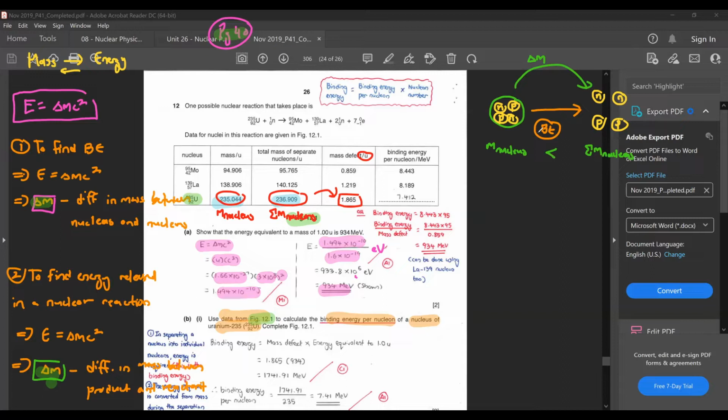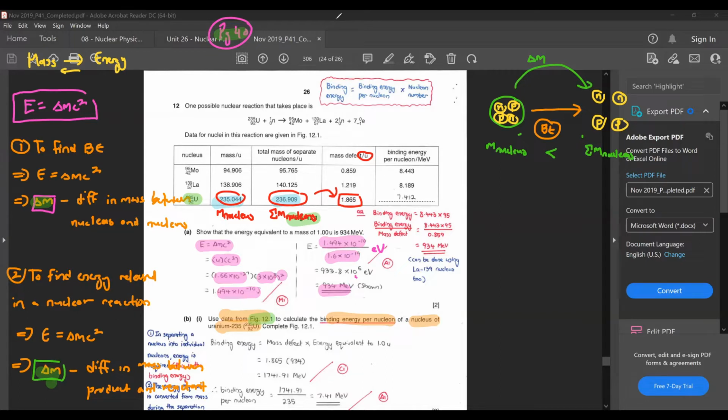So when you break off your nucleus into your nucleons, you are putting in energy, you're converting the energy back into mass. The difference in mass between nucleus and nucleons is an indication of the energy that you have put in to separate your nucleus. So that is your binding energy by definition.